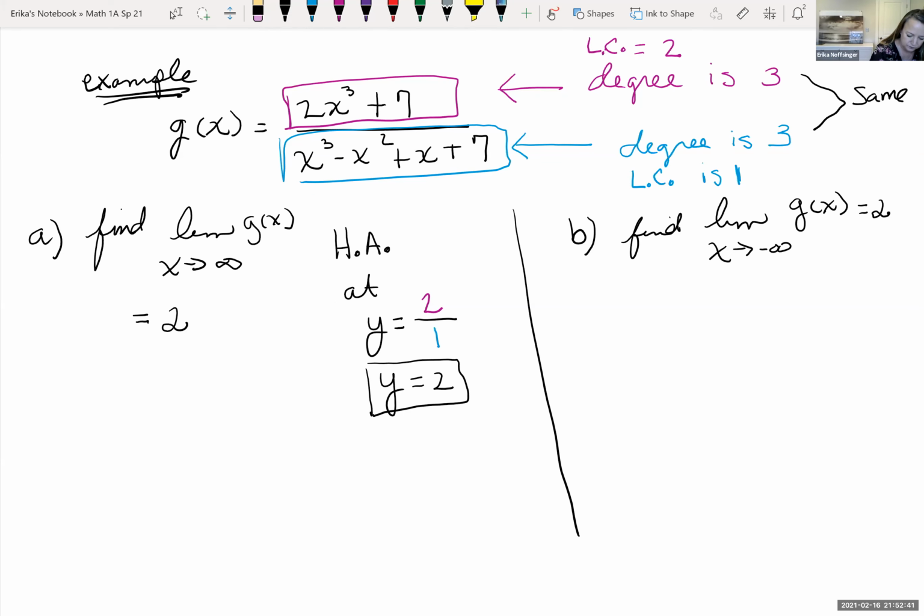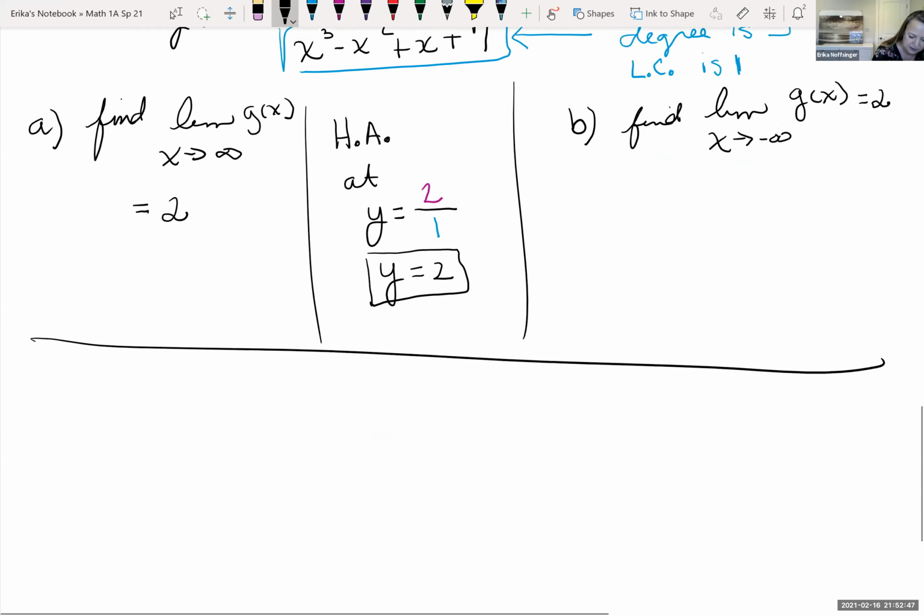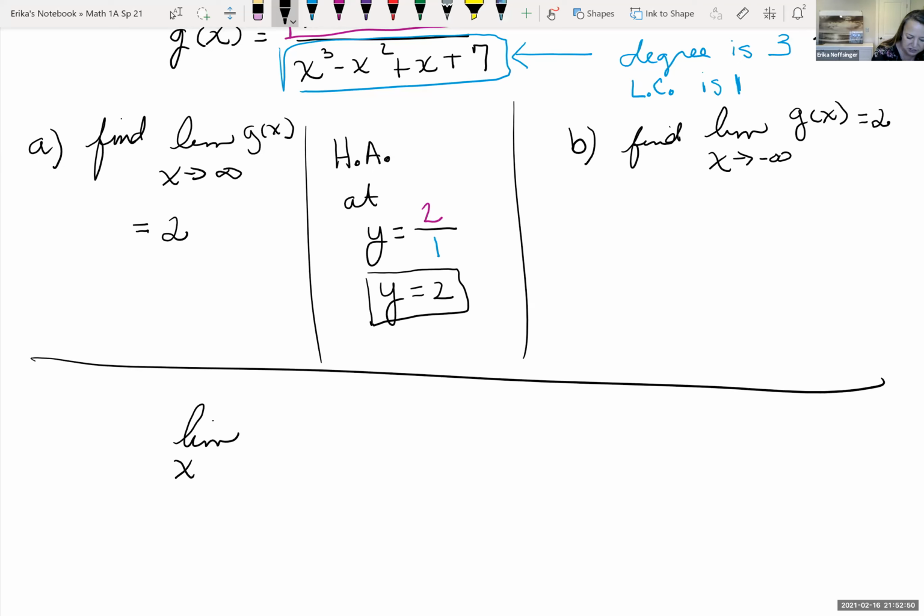If you have the limit as x is approaching positive or negative infinity of 1 over x, or even 1 over x to the nth power, I'm going to say that n is bigger than 0. It can't be negative, because a negative exponent would bring it up into the numerator. And it couldn't be 0 because that would just make it 1. So n has to be bigger than 0.